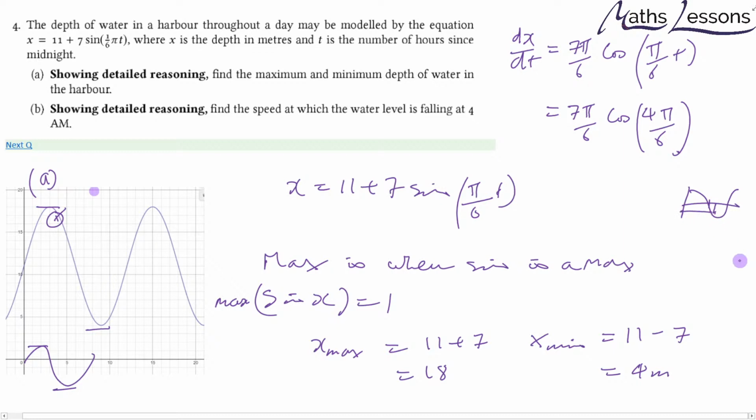If we're doing 2/3 of pi, that will give us minus 0.5 when you do cos of that. So you've got minus a half times 7 pi over 6, which will give us minus 7 pi over 12 for our answer to this question.